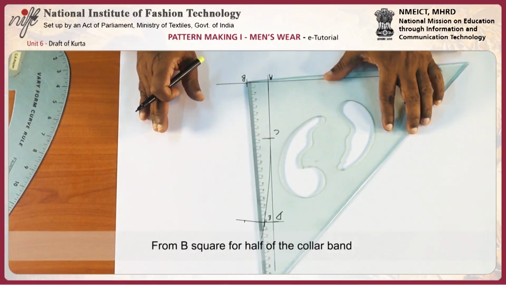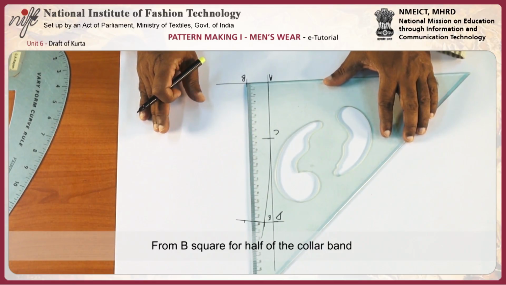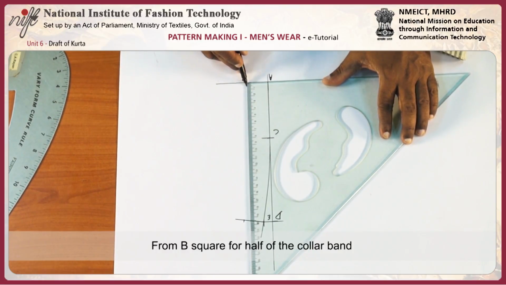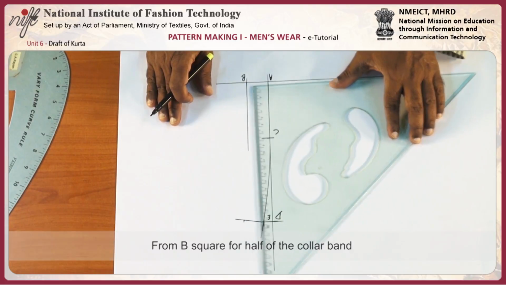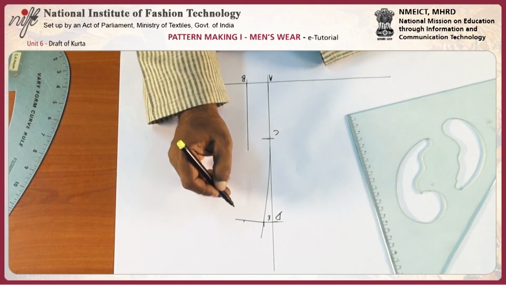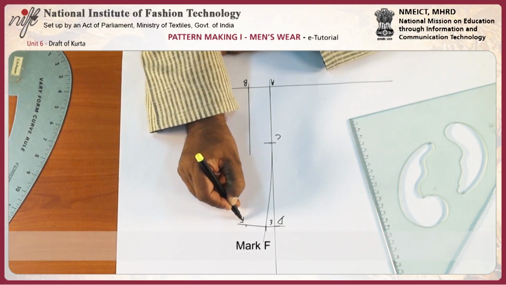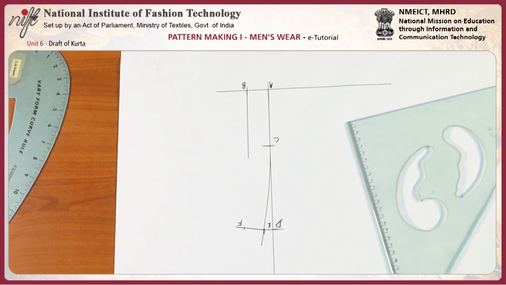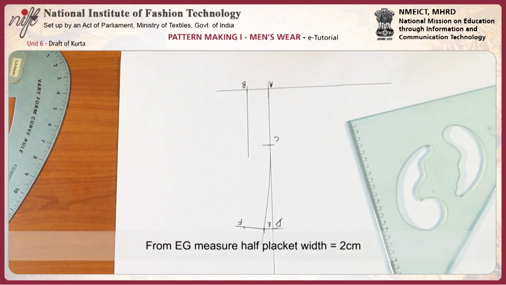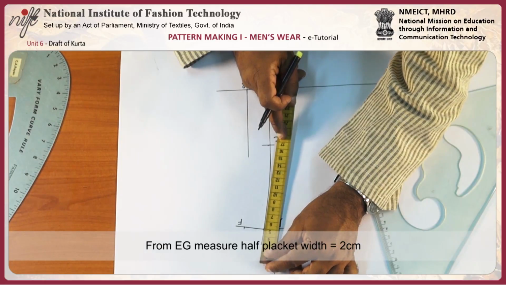Now from point B you can square for the half of the collar band. This will be point F. Then from E to G measure half placket width, which is 2 centimeter.